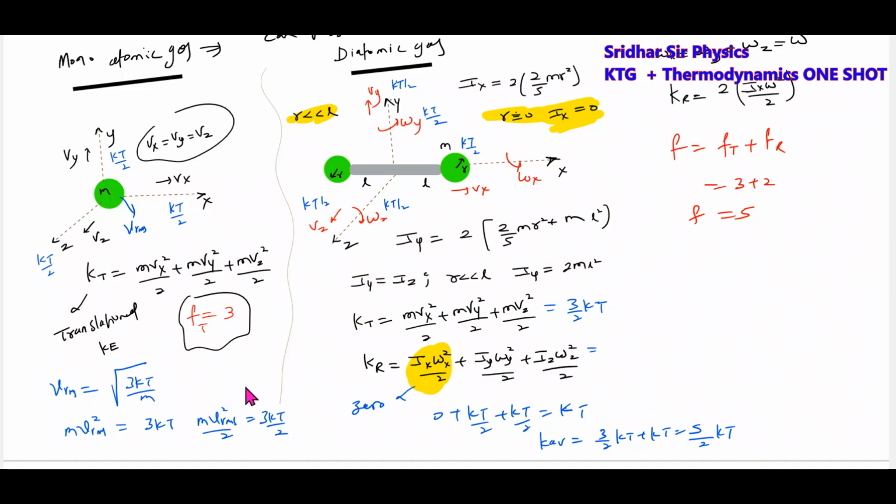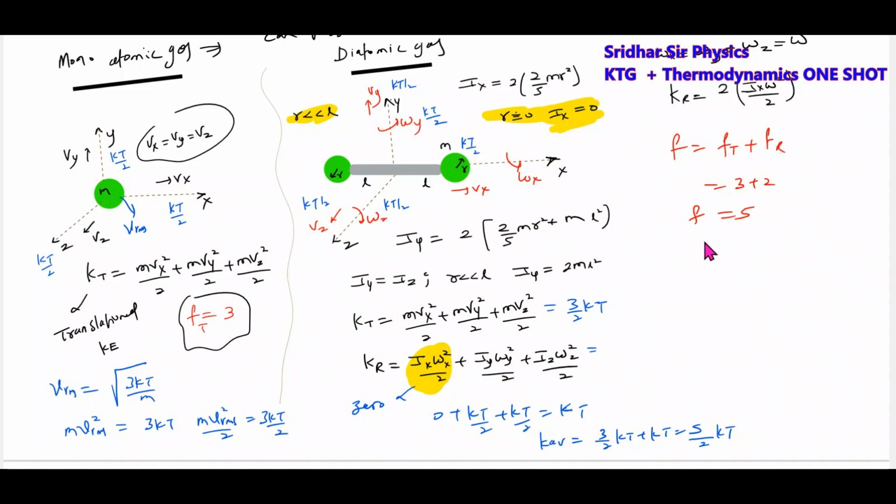Average translational kinetic energy of all molecules will be the same, either monoatomic or diatomic. The average kinetic energy will be different. The number of degrees of freedom will be 3 due to translation, 2 due to rotation.